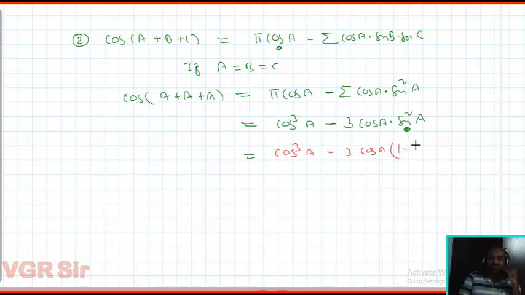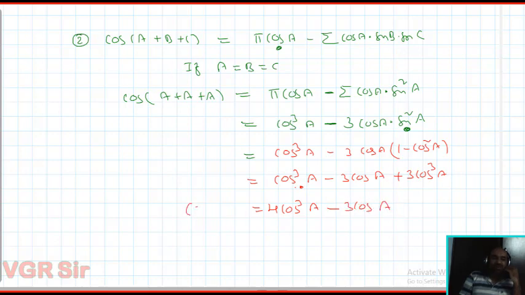Instead of sin square a I can write 1 minus cos square a. So what happened: cos cube a minus 3 cos a, so minus 3 times minus, plus 3 cos cube a. Already one cos cube a is there, just like x plus 3x is 4x, so 4 cos cube a minus 3 cos a. This is the formula of cos 3a.